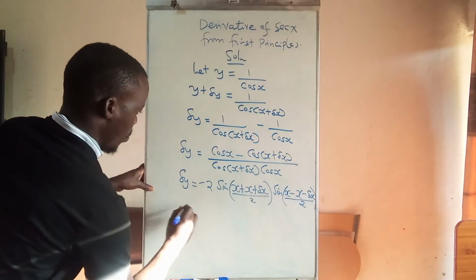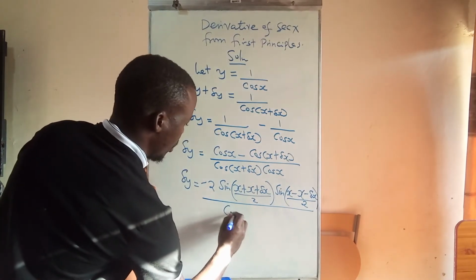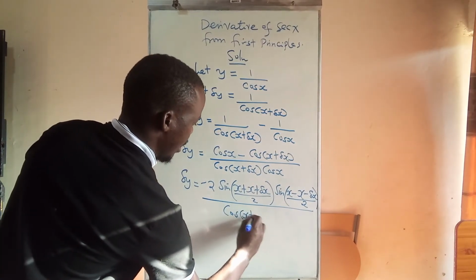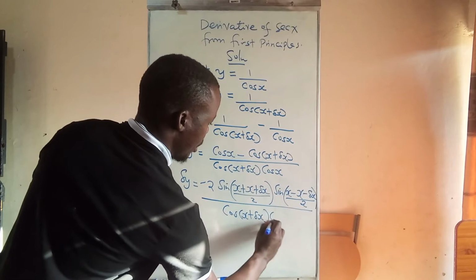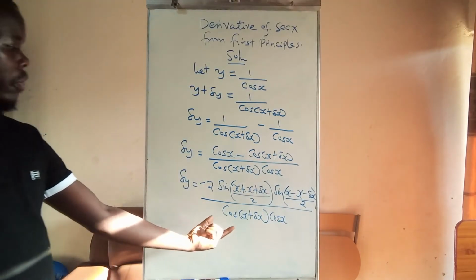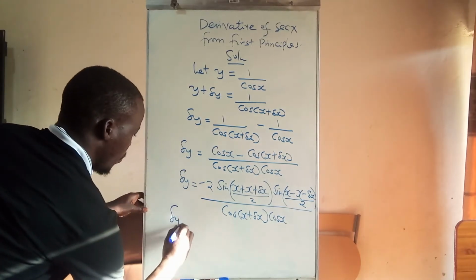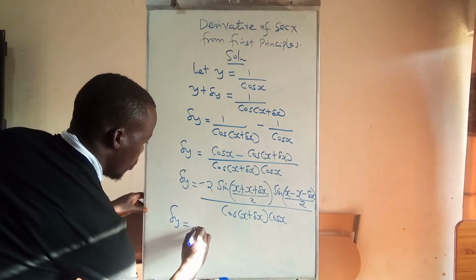Then, we have to divide by cos of x plus delta x, then cos of x. Now if we continue and simplify this step here, we shall come up with delta y as minus 2.